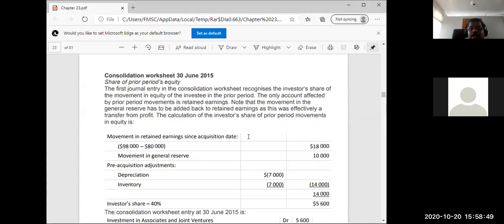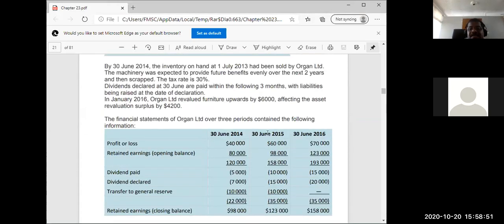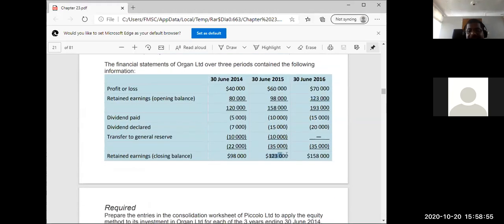And 123,000 is this. That means that is the retained earnings up to the second year, without this 70,000. If I am telling you this 123,000 means this and this, make the relevant adjustments.